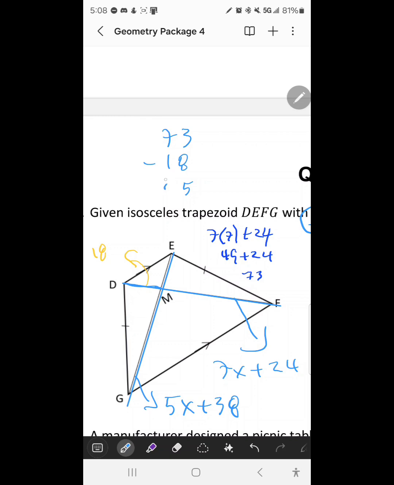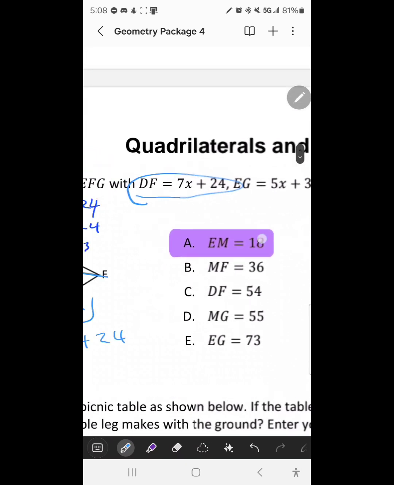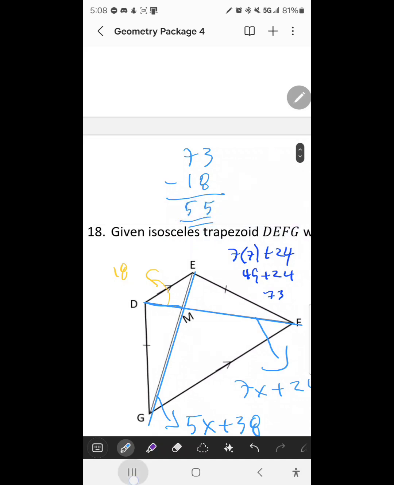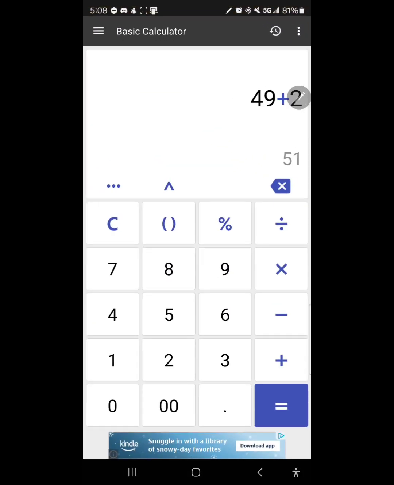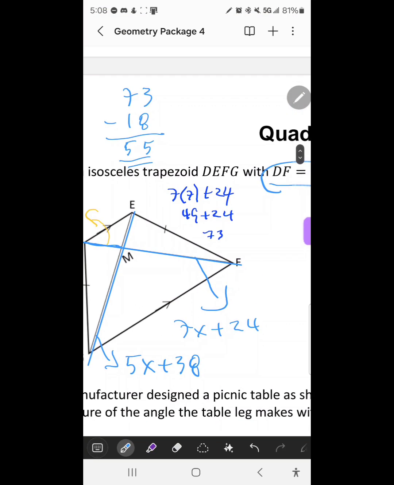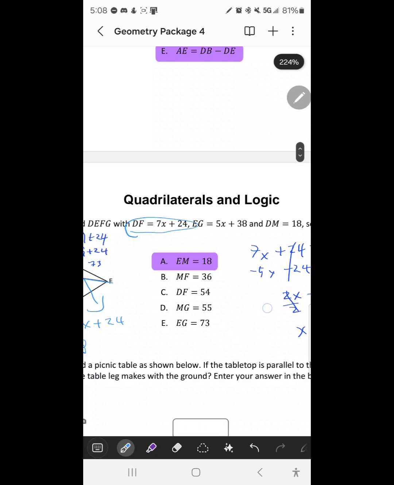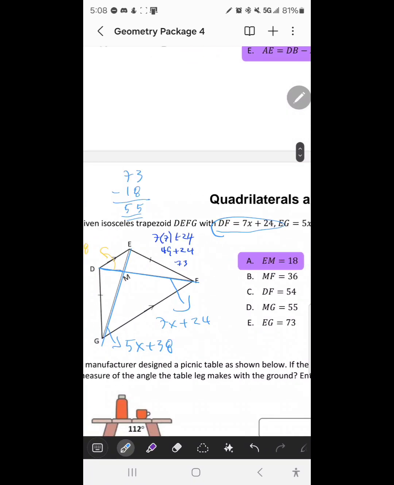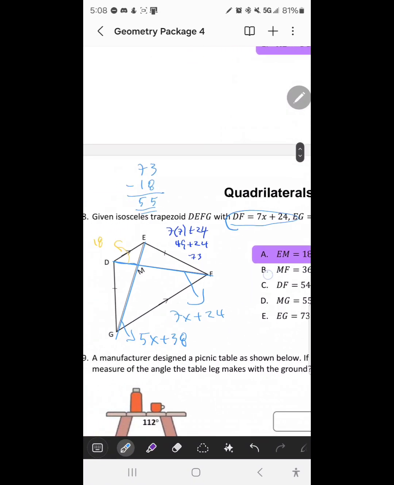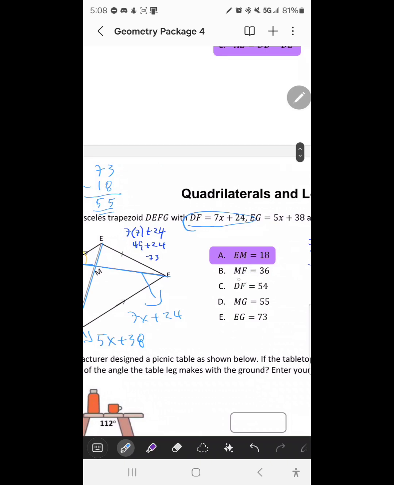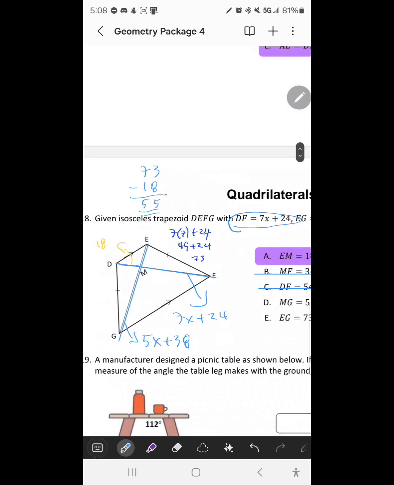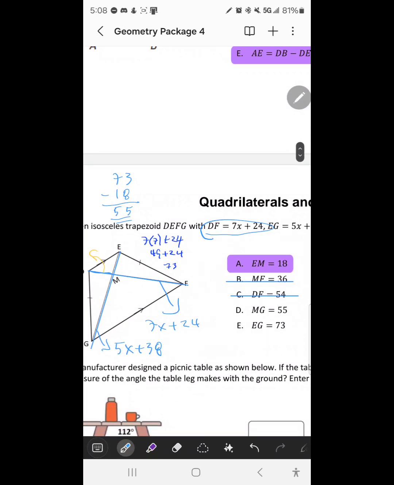So this will be 55. We didn't get 36, so this was wrong either way. DF is the value for the whole thing, which is 73.